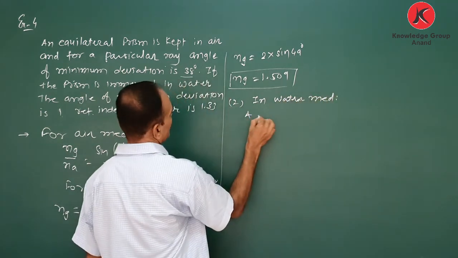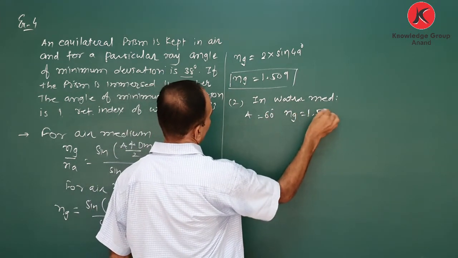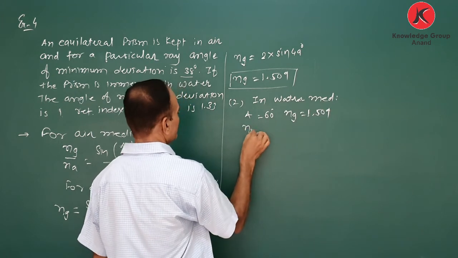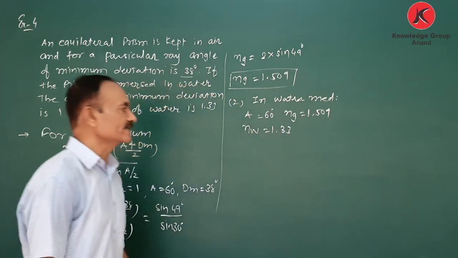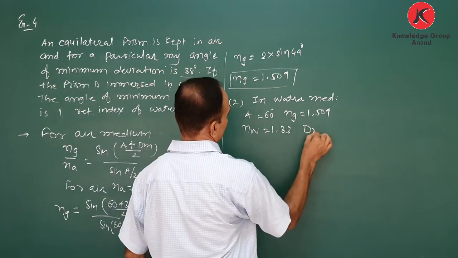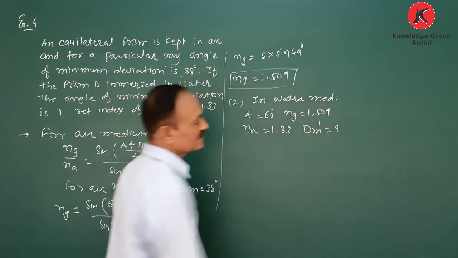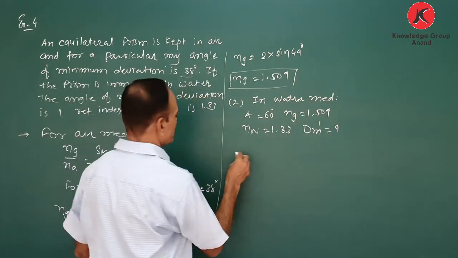Now second, in water medium: A is equal to 60, Ng is 1.509, Nw for water is given as 1.33. We require dm dash. Same question, but here instead of the air medium, it is the water medium.